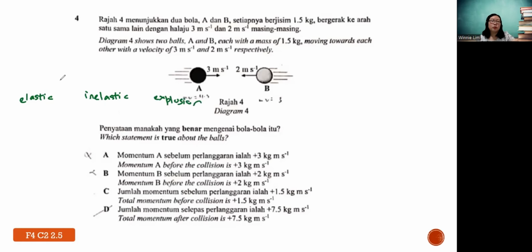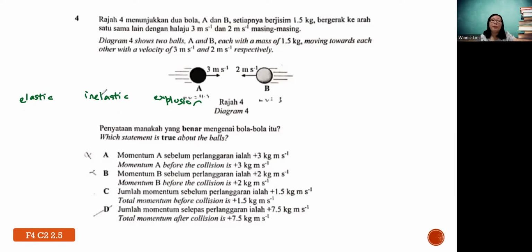So how do you differentiate these 3 types of collision? First, for elastic collision, after the 2 objects collide, they move with different velocities. Then in inelastic collision, after the 2 objects collide, they move together with the same velocity.